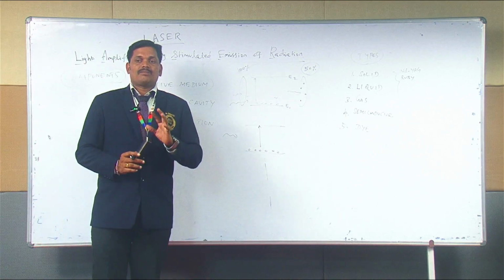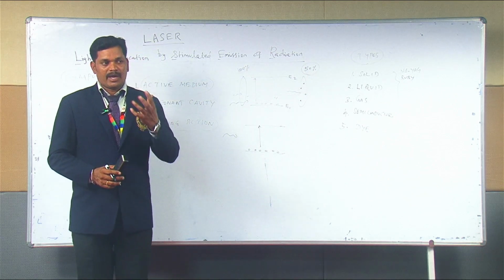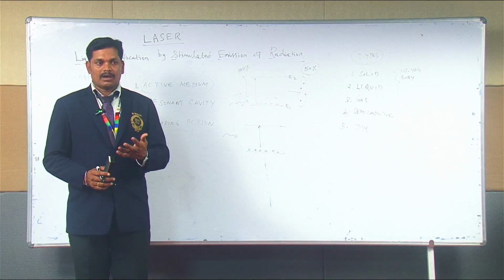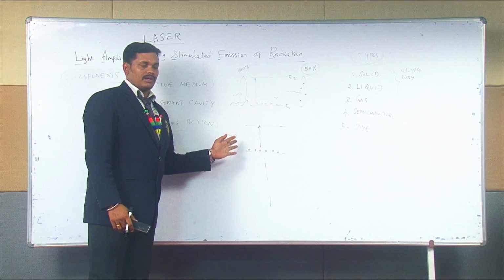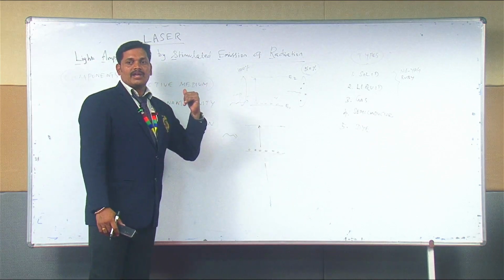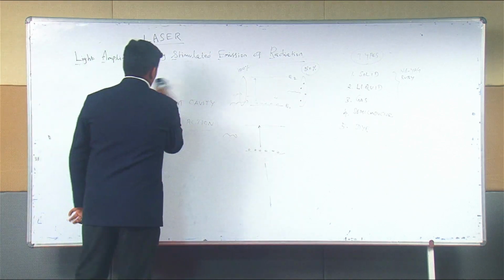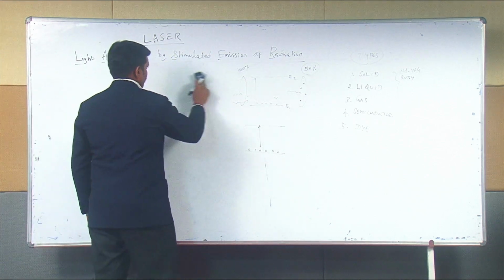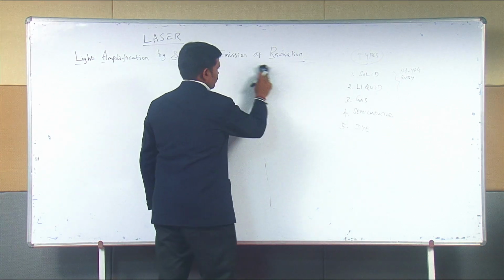Naturally some atoms or molecules can go to the excited state by their own energy. If not, then they should be triggered by some external agency, a photon that should have energy E equal to h nu. Now we can discuss pumping action in detail, and it will also differ based on the type of laser which we have mentioned here.